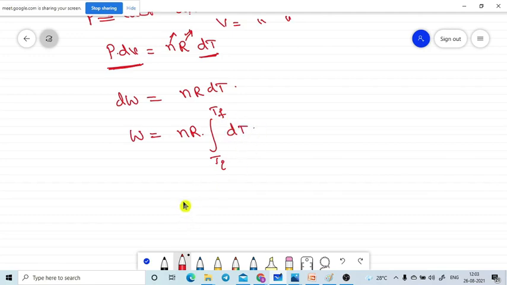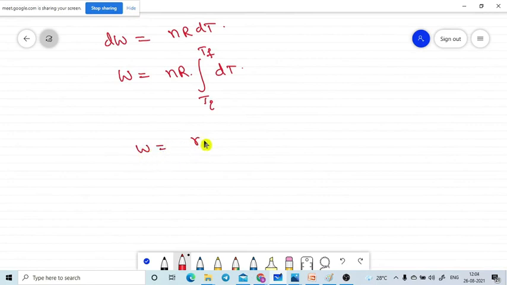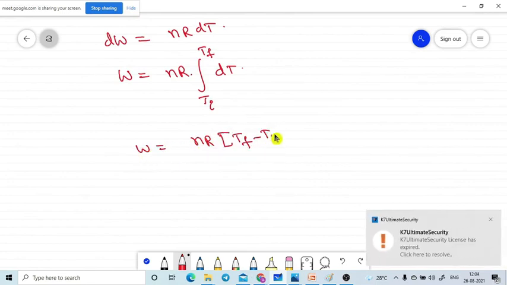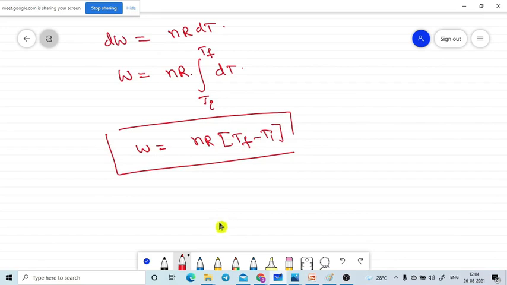Then W is equal to nR into (Tf minus Ti). This is the work done by the thermodynamic system of the ideal gas, where the temperature is increased from initial temperature Ti to final temperature Tf.